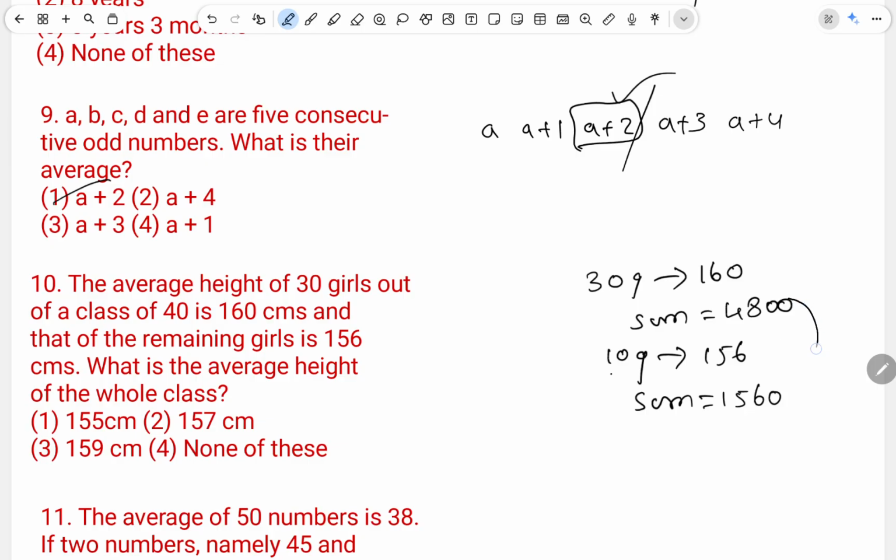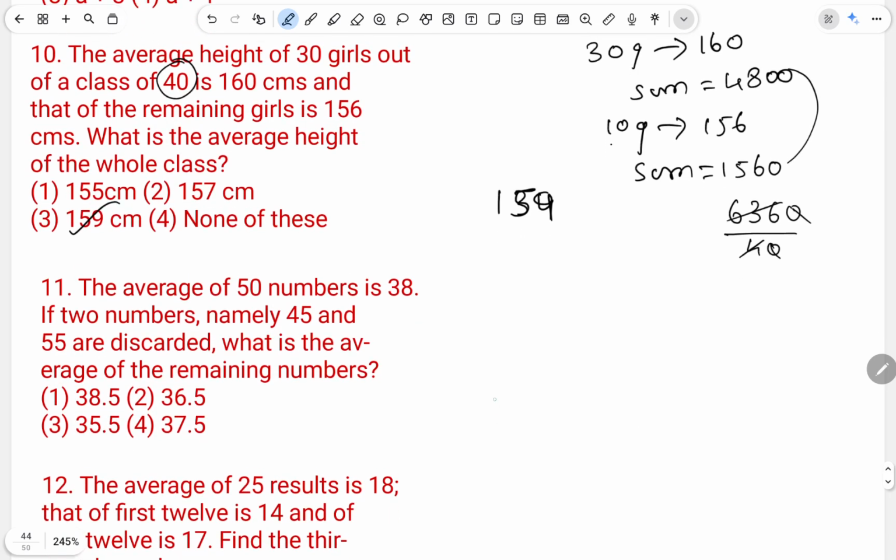What is the average? Add these both. 4800 plus 1560, 6360, whole divided by 40, because 40 people is given. 0, 0 got cancelled. 4 how many times does it go? 4 ones, 4 threes, 4 fives, 4 nines, 159.